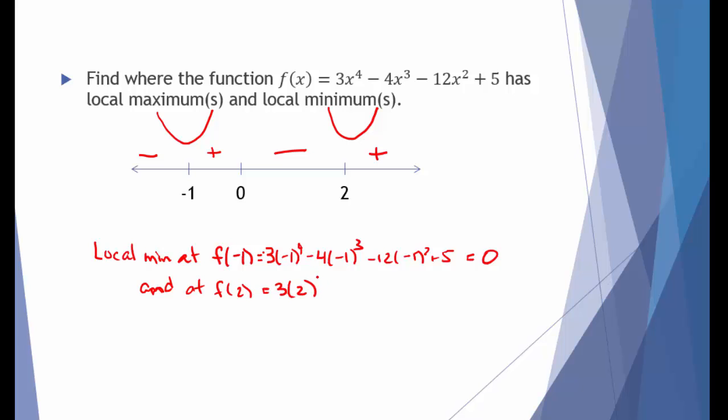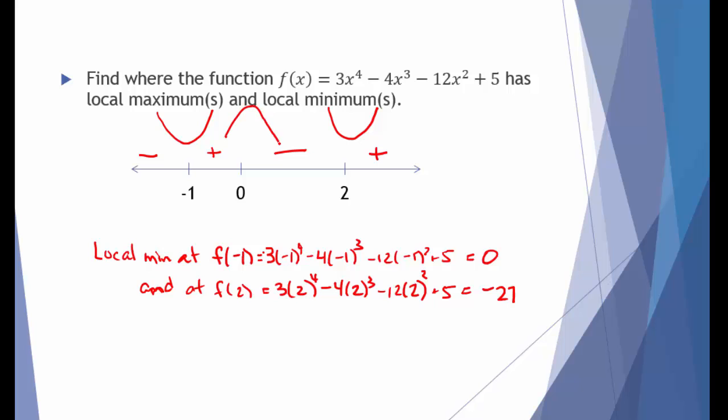So that's 3 times 2 to the fourth minus 4 times 2 cubed minus 12 times 2 squared plus 5. And when we get done with that calculation, we get -27.